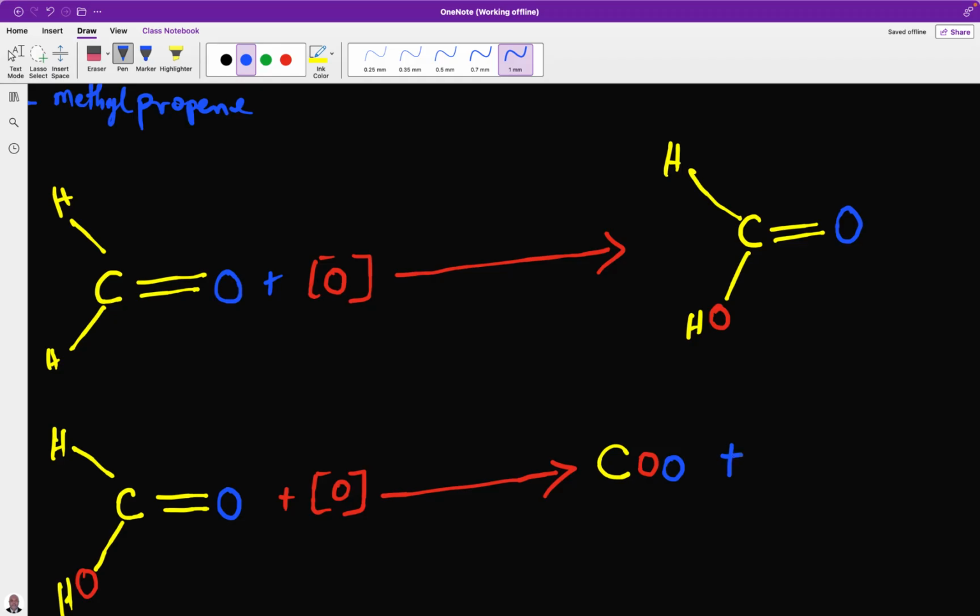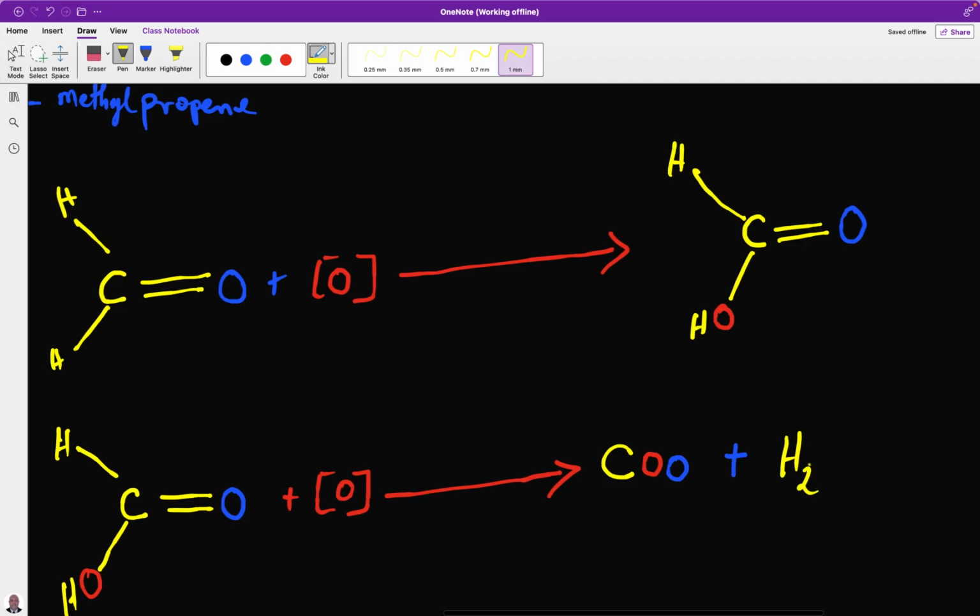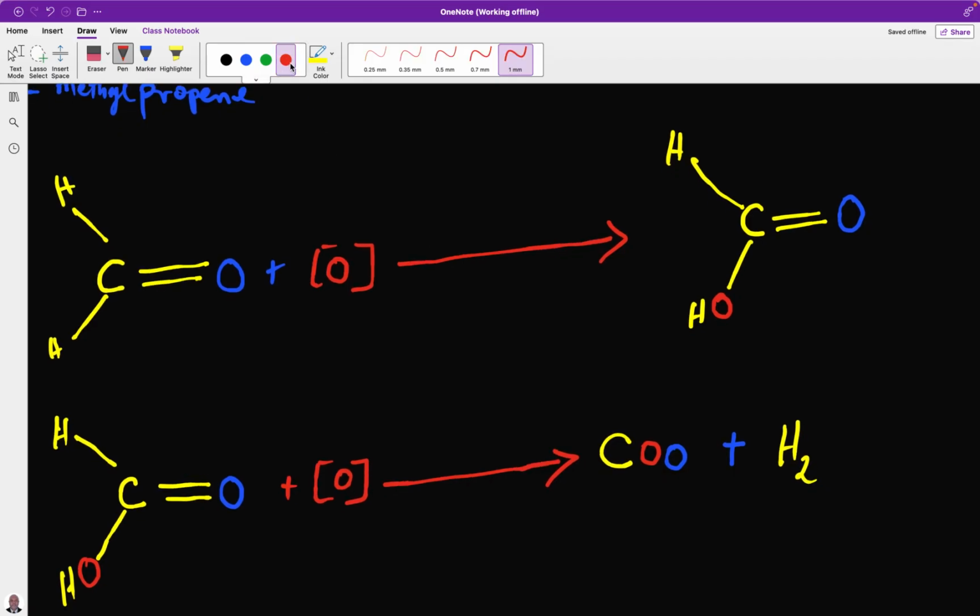Plus water. And this. We can say this one is carbon dioxide.